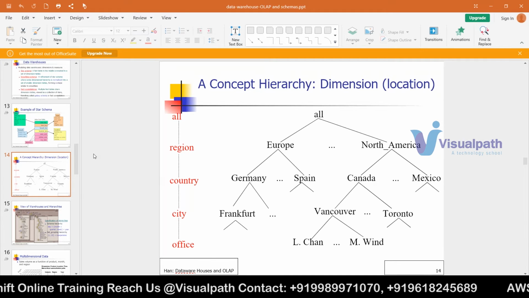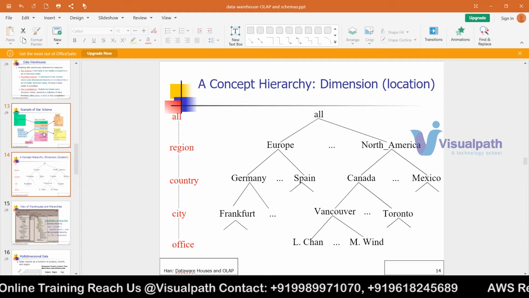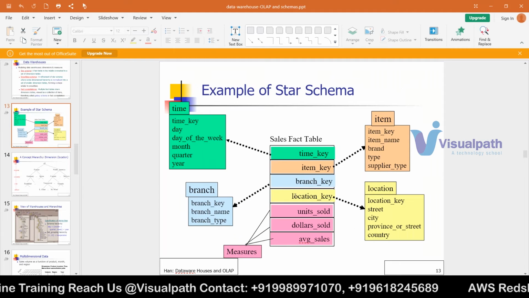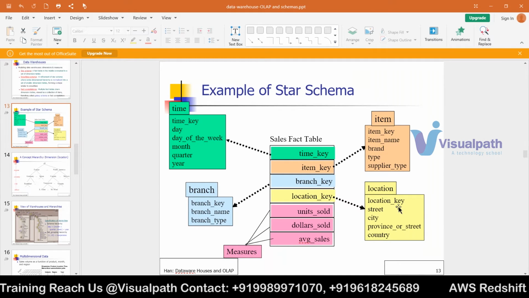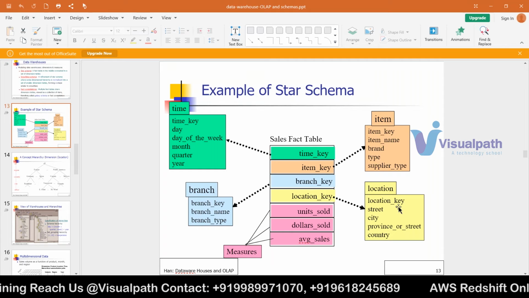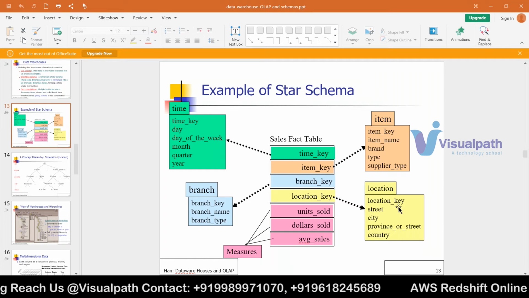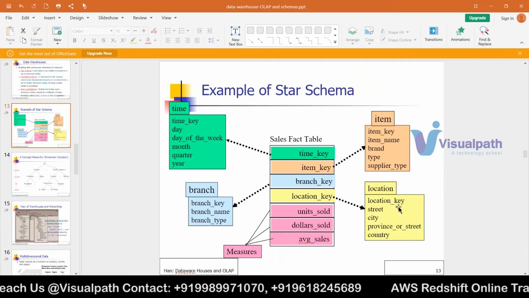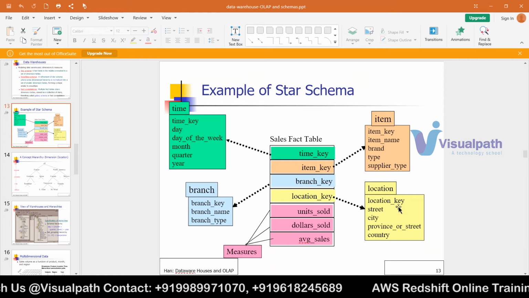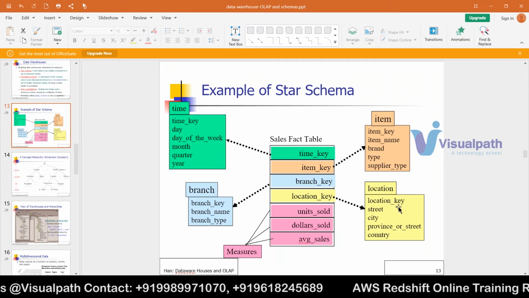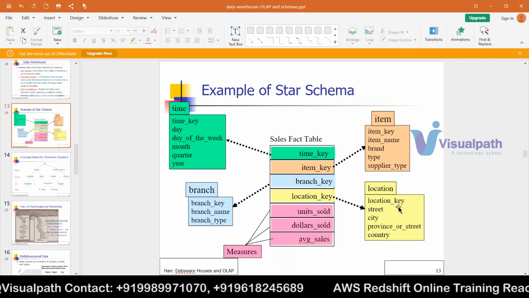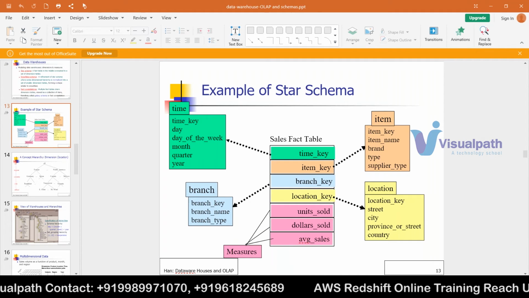That means if a dimension table is further divided into smaller dimension tables, that is actually normalizing. Normalizing means a big table is divided into smaller tables to avoid data redundancy. How does data get redundant?